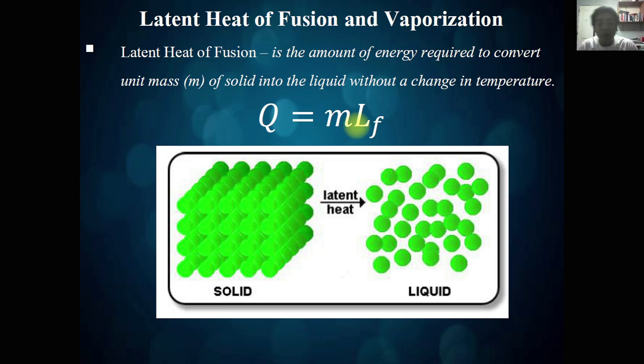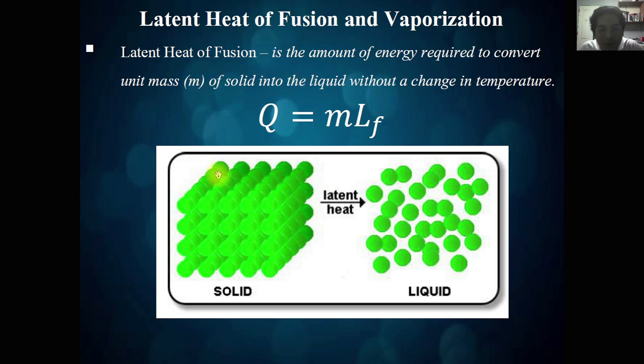The latent heat of fusion is the amount of energy required to convert a unit mass m of a solid, for example ice, into a liquid without a change in temperature. So when the object changes its phase from solid to liquid, the amount of heat required is what we call the latent heat of fusion.